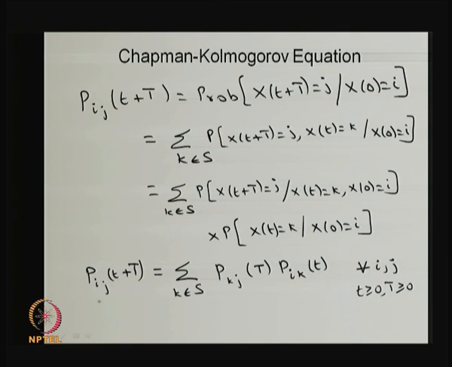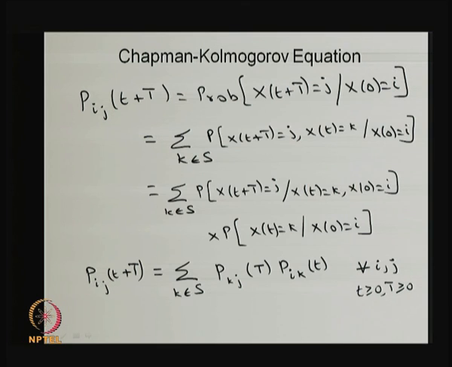Therefore, the left hand side is the transition probability of the system moving from the state I to j from 0 to t plus capital T, that is the same as the summation over k of p I k in the interval 0 to small t, times p k j over 0 to capital T, because of the time homogeneous property. This is valid for all values of k in the summation.